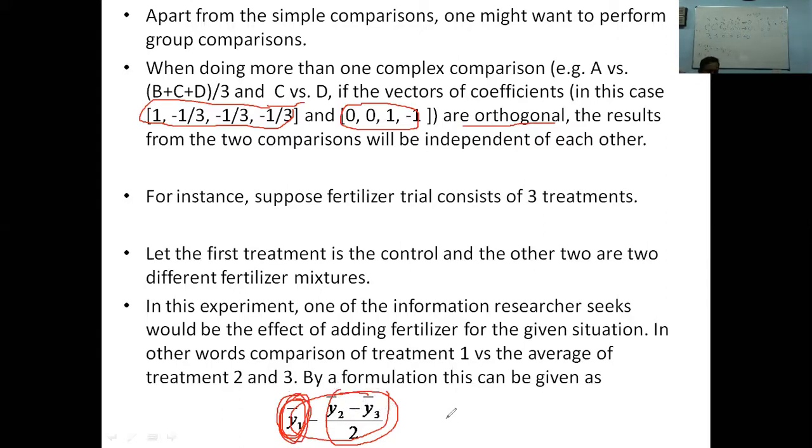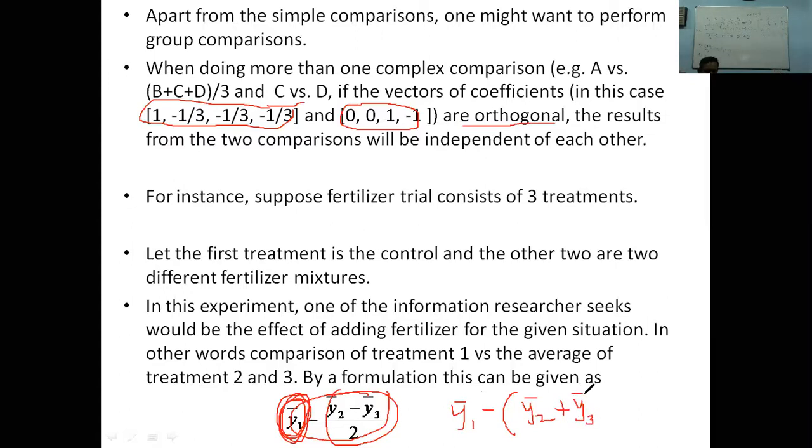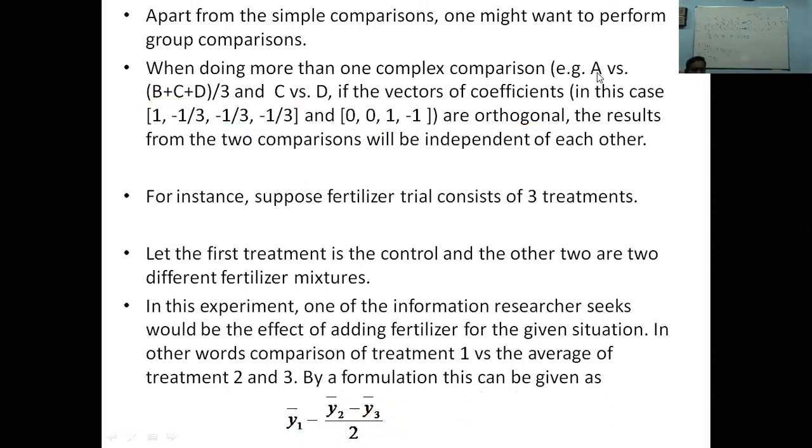So this is actually y1 bar minus (y2 bar plus y3 bar) divided by 2. If you take the bracket out, this becomes minus. We will move to the other slide.